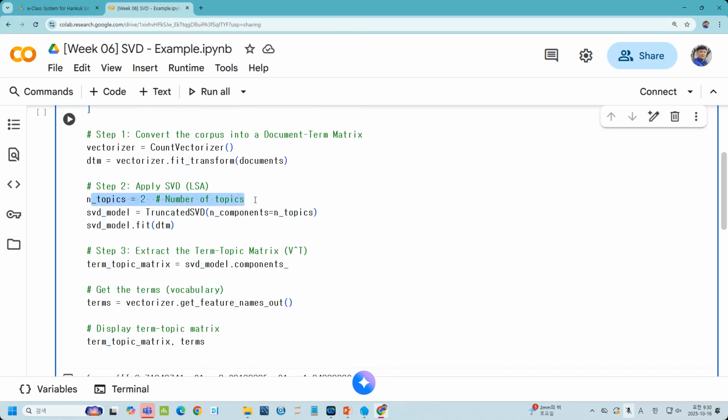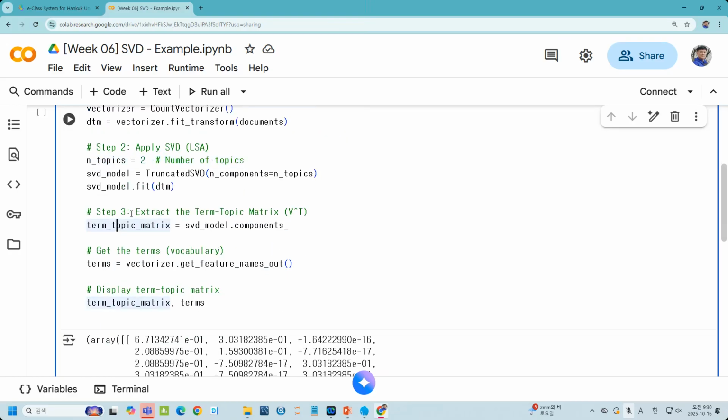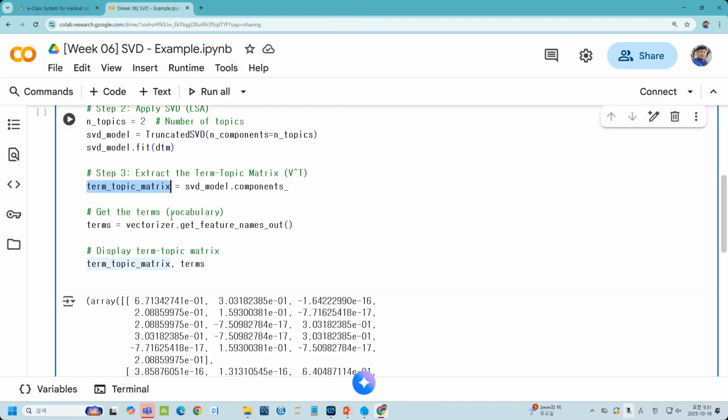Let's say I'm going to get 2 topics. The term-topic matrix we can get from the components. The terms themselves are based on the vocabulary, and we can also get the term-topic matrix based on the terms.